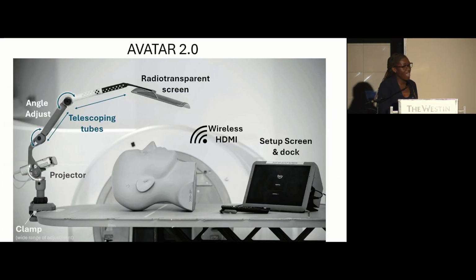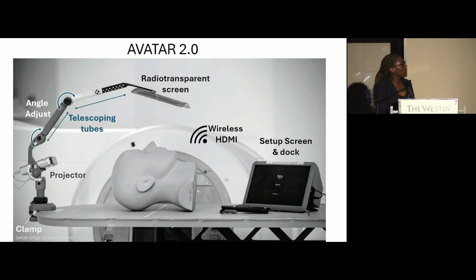So this is the AVATAR 2.0. This is the newer model for the people in Uganda and UCT who've seen it. This is very similar to what it looks like now. Here, everything's 3D printed. The clamp portion is now adjustable to account for different widths of different treatment tables. It's attached to a projector.